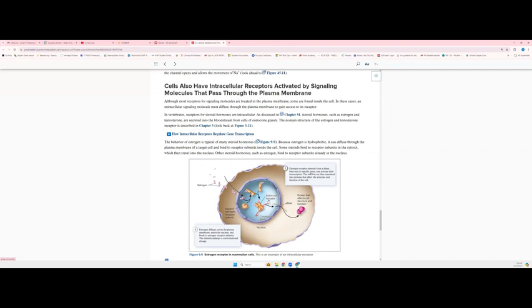So the signaling molecule has to get inside of the cell before it can bind with its receptor. For example, in some animals, steroid hormone receptors are intracellular.